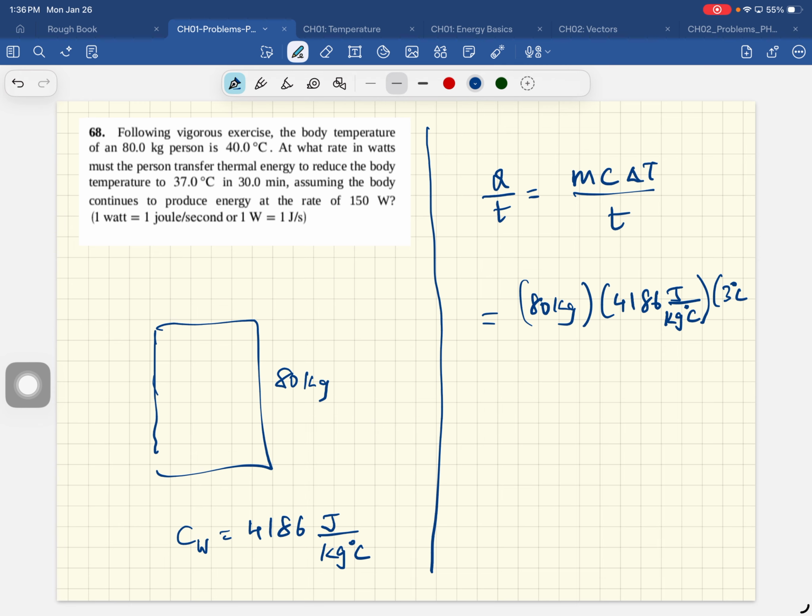And then you drop a piece of steel that's at 215 degrees Celsius into it. What is the final equilibrium temperature?